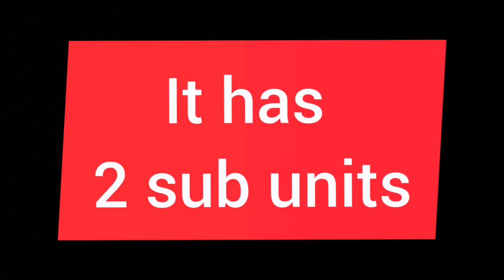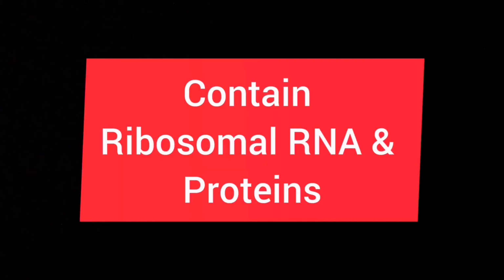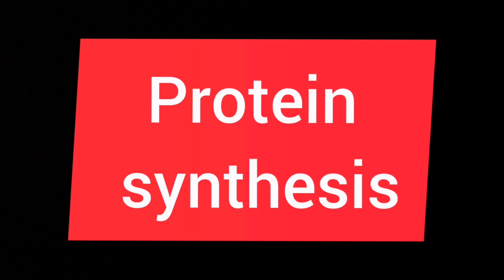That is, structurally it is divided into two subunits, one large unit and one small unit. They are united to form a single ribosome. Ribosomes contain ribosomal RNA as well as some proteins. The main function of the ribosome is protein synthesis. So that is ribosome.